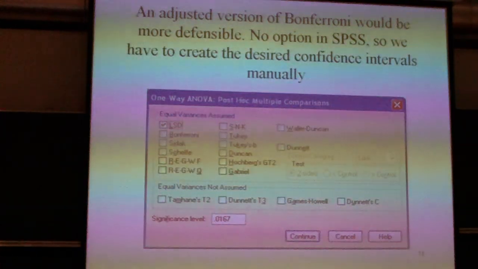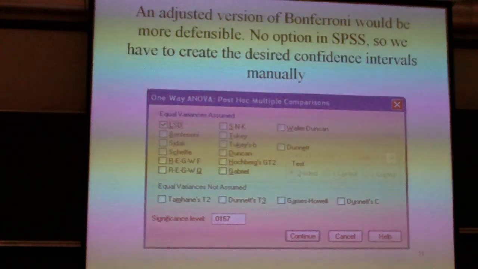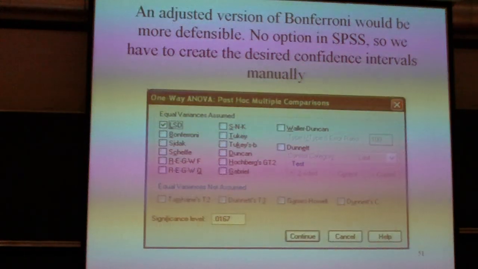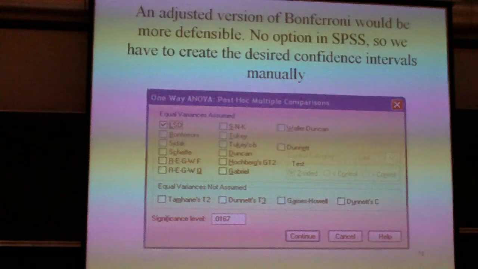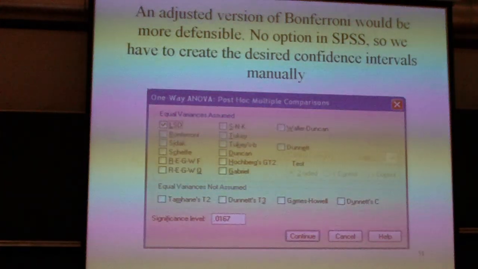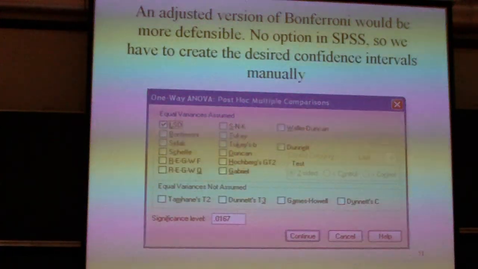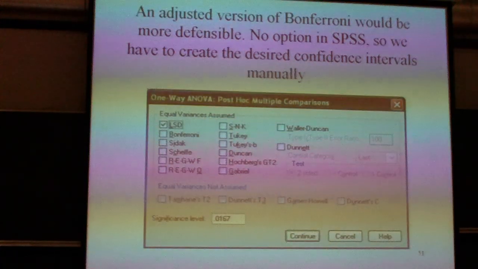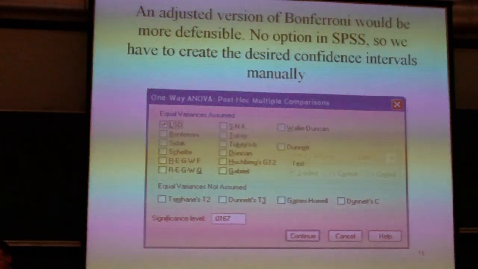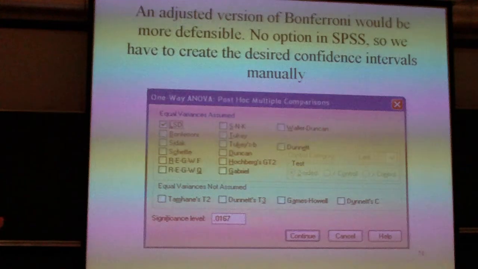So we only have to do a multiple testing correction by dividing the alpha level not by 6, but by the remaining 3 pairwise comparisons. The 3 pairwise comparisons that we haven't controlled for yet. Now we can do that by using what we might call an adjusted version of the Bonferroni correction.